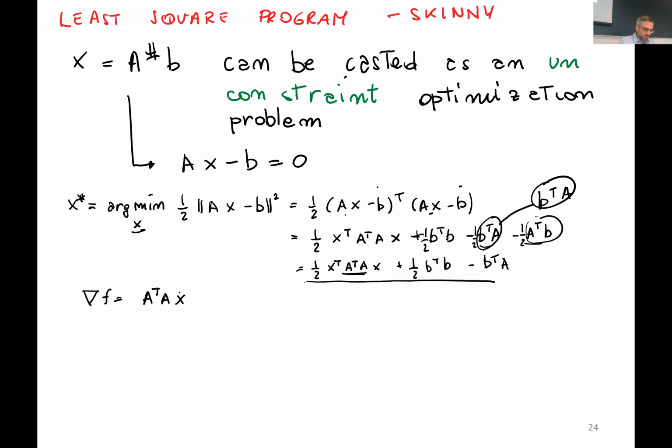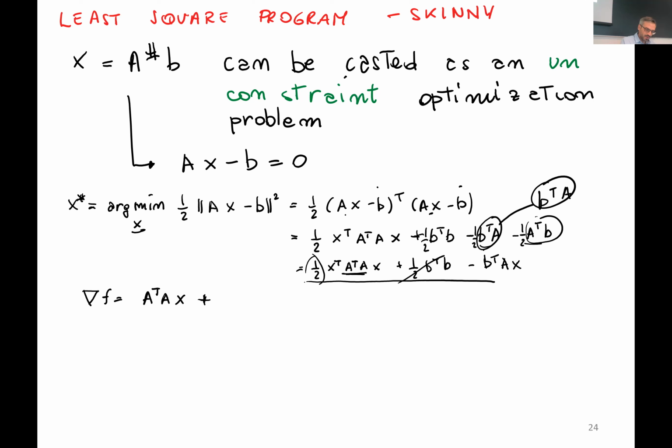That's why we put the 1/2, because it will become 2 A transpose A X, and this will nullify with the 1/2 here. Plus, this term doesn't depend on X, so we have 0 derivative, it is constant.